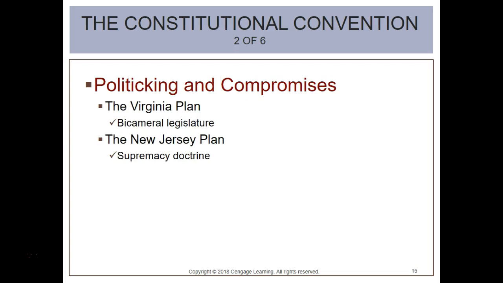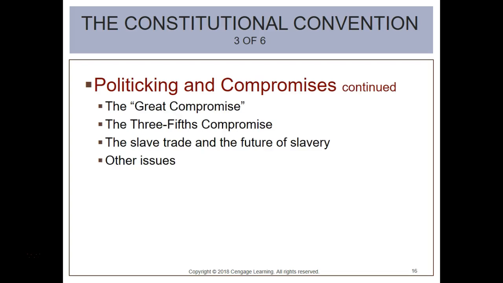So, compromises. The Virginia Plan included the idea of a bicameral legislature. We talked about that a little bit already. A bicameral legislature has a larger House of Representatives and a smaller Senate that takes care of different types of proceedings. This was the work of Governor Edmund Randolph of Virginia, who basically said that the lower chamber of the legislature would choose members of the upper chamber.